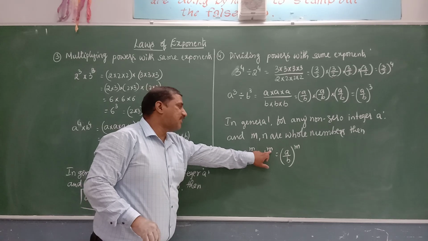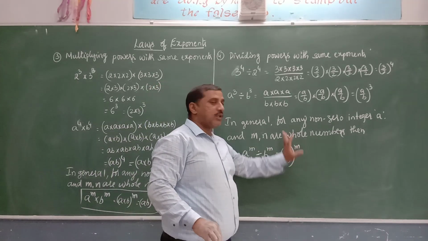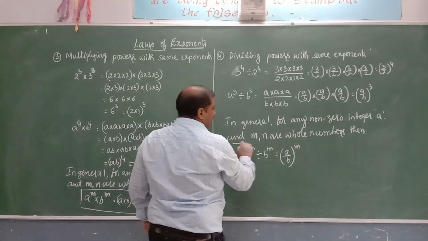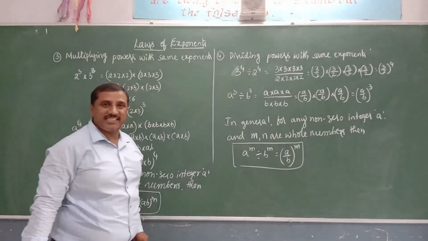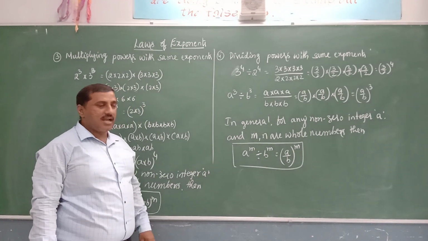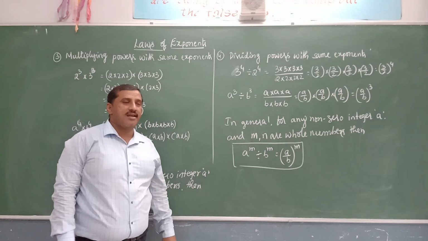Here the exponents are same, bases are different, that is a by b whole to the power of m. So this is the fourth law, that is dividing powers with same exponents. So far we have discussed the 4 laws of exponents. Is it clear, children? Yes.